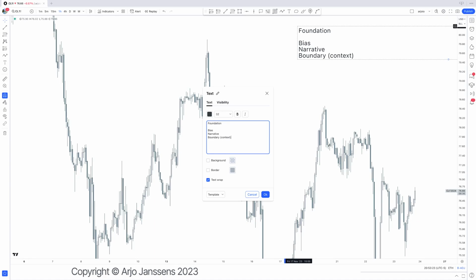Then also a part of that is a target. That is the next foundational level, and that is also part of your context. So the boundary and a target are what we call a context.